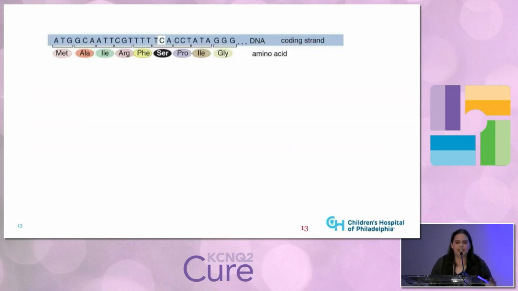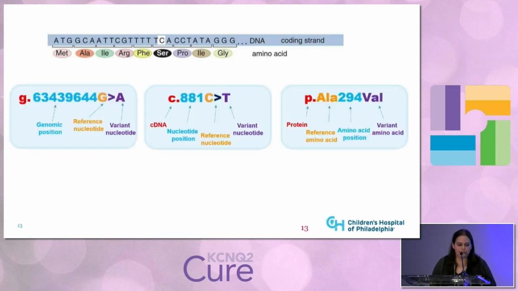So it's important when we talk about these different types of changes that we're very specific in the way that we name them, especially in the era of precision medicine. All of these different variants may have different implications in the way that we think about your child's care. So there is a standardized nomenclature that we use in order to name these genetic changes.